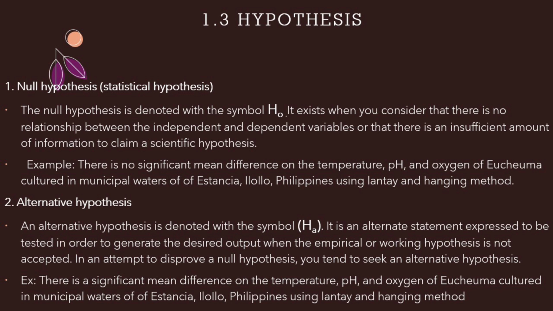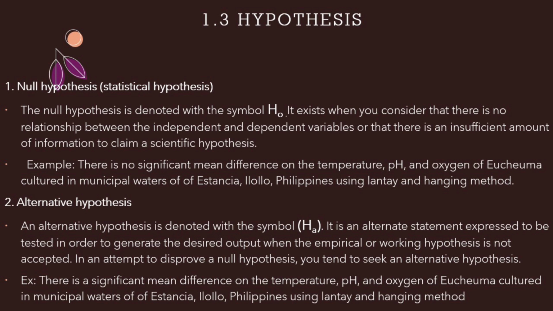Another example, the mean wood production in trees adjacent to herbicide-treated fields and that in trees adjacent to non-herbicide-treated fields are not significantly different. Another example, the mean heights of plants exposed to 0%, 10%, 20%, and 30% substance A are not significantly different.